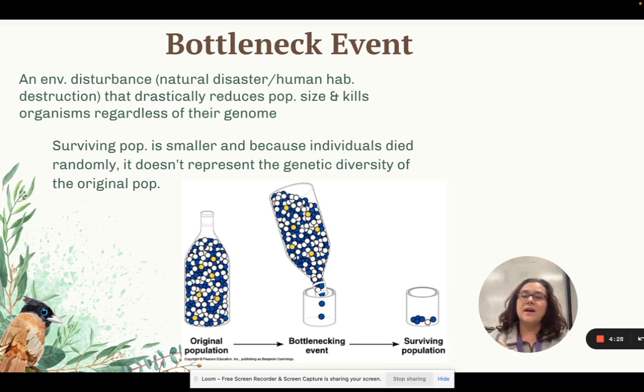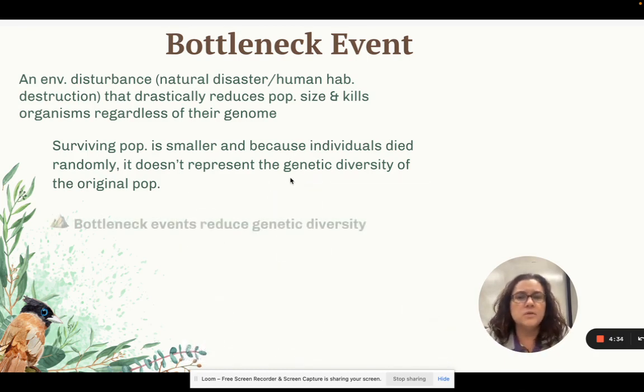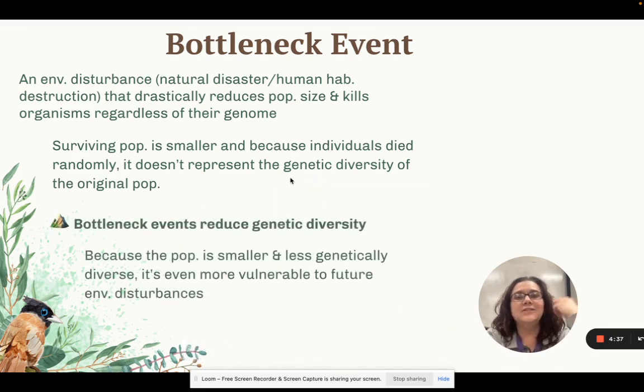The few surviving individuals that are left, that's what's going to reproduce, right? But that's a really small gene pool that you're pulling from. So the smaller the gene pool, you're going to have less genetic diversity. Less genetic diversity means that population is more vulnerable, even in the future, right? Because you're not adding in any more new genes. If you just have that one little population that's isolated, you're going to always have that low genetic diversity.